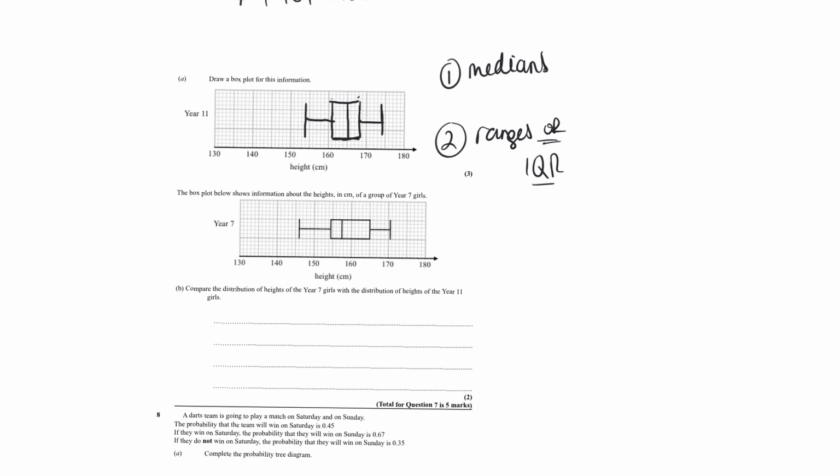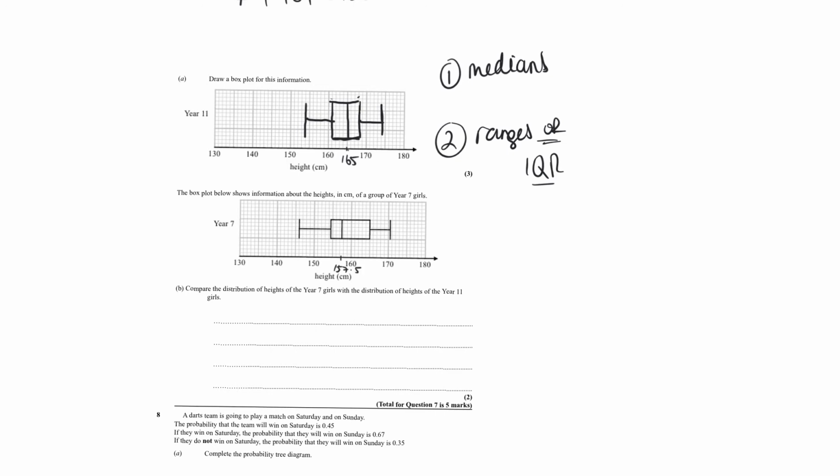Okay, so as we can see, the median that we had was 165, but the one that they have is looking like it's directly in the middle. That's about 157.5.